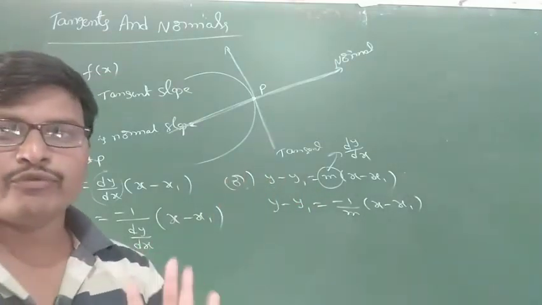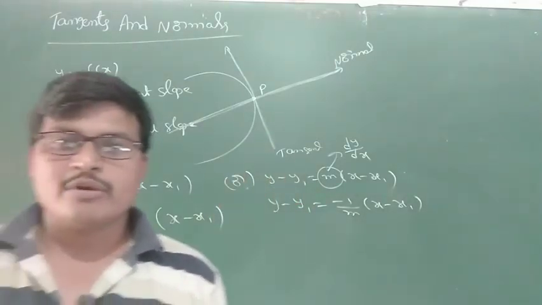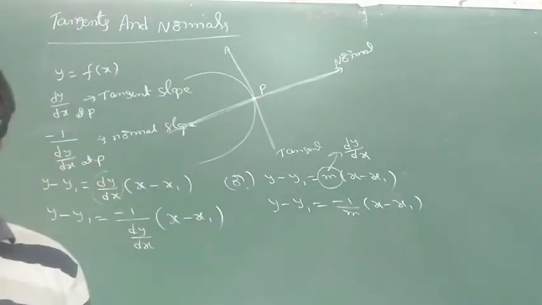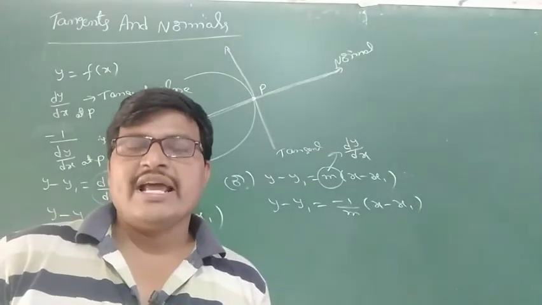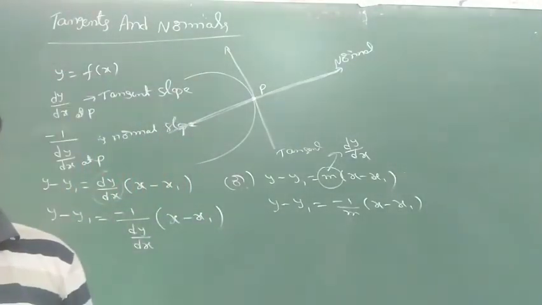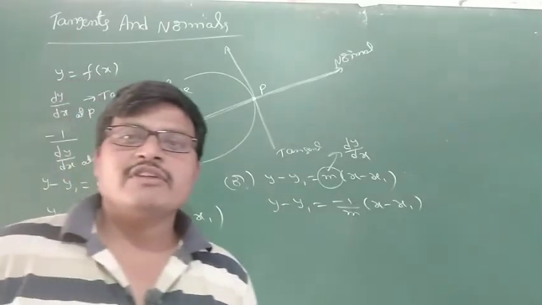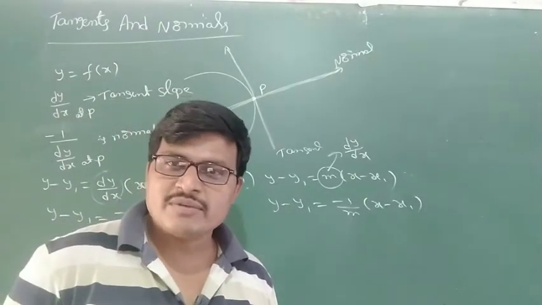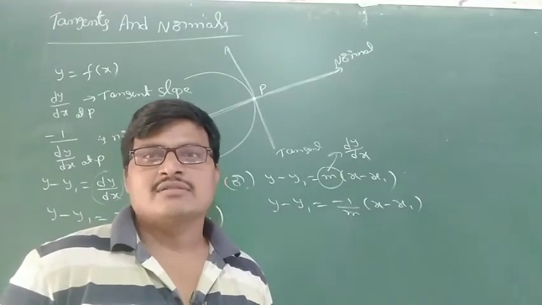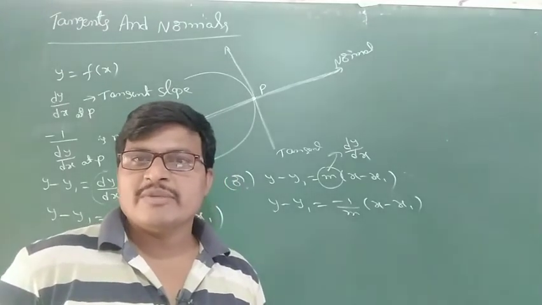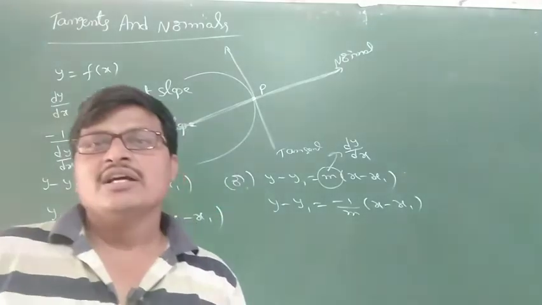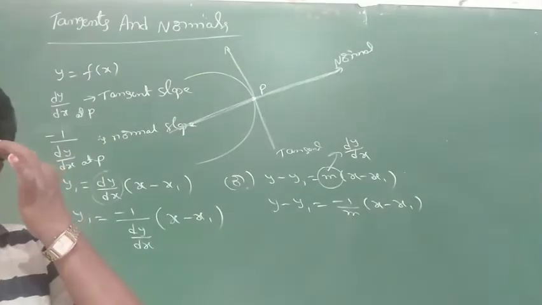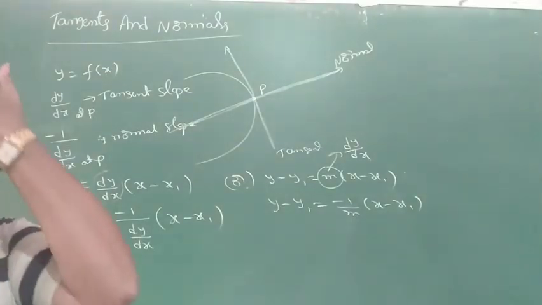Problems are different, but the concept is only these four: tangent slope, normal slope, tangent equation, normal equation. Tangent slope is dy by dx, normal slope is minus 1 by dy by dx, and here dy by dx is also the slope, the derivative with respect to x.